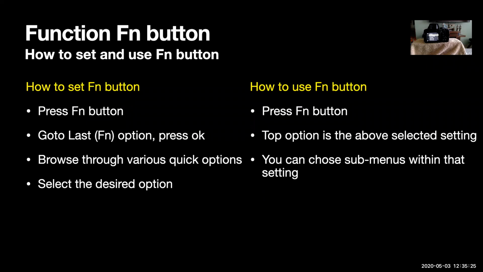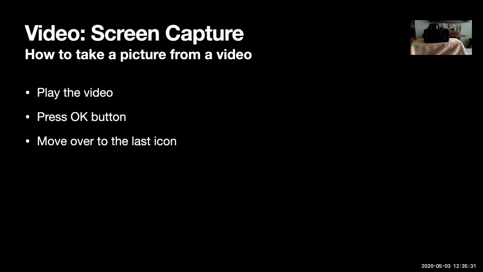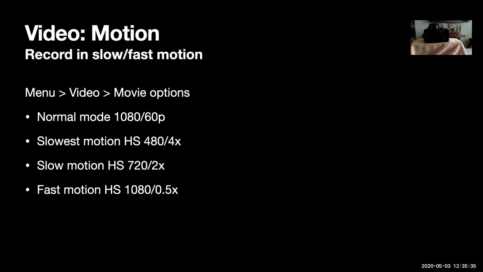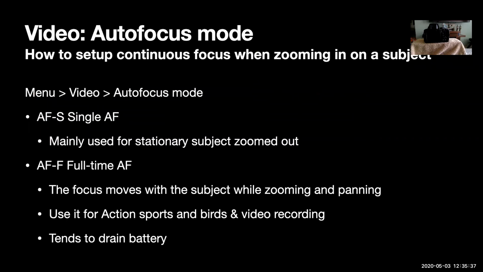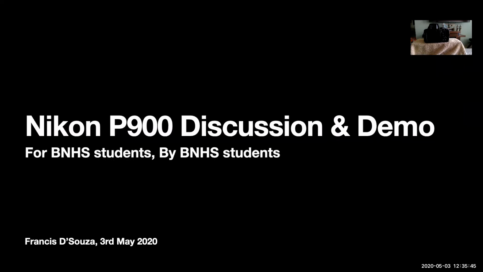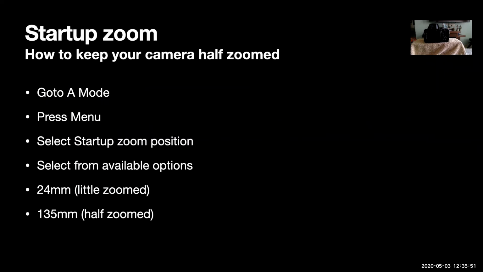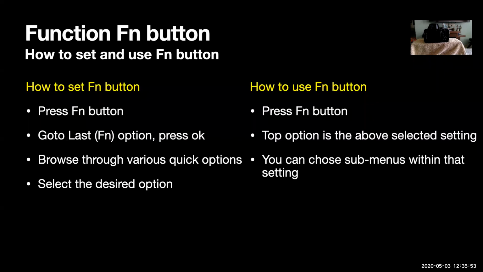The EV thing, move it once from 0. You move it one dial to the left on the negative side. Keep it a little darker, and if you're increasing the ISO too much, then you can tweak with this and see how you're getting your result.